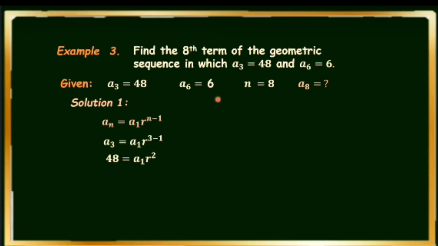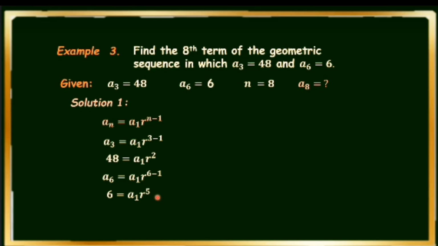Likewise, we do it for a sub 6. A sub 6 is equal to a sub 1 times r raised to 6 minus 1, or 6 is equal to a sub 1 times r raised to the 5th power. Again, we are trying to solve for the common ratio.